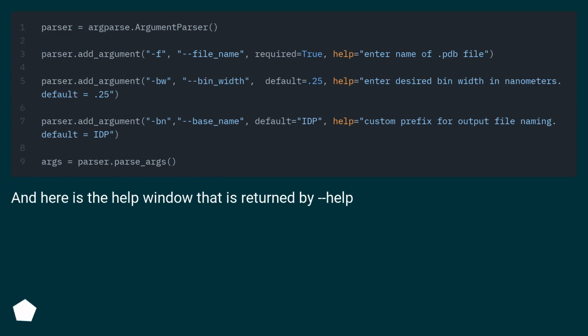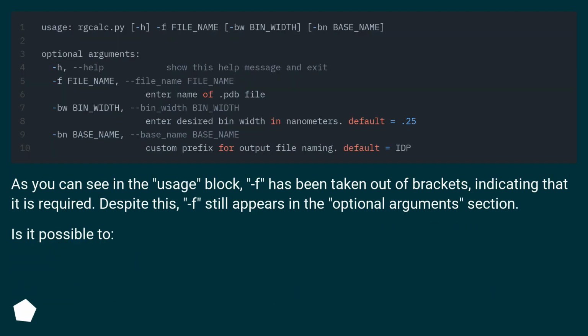And here is the help window that is returned by help. As you can see in the usage block, -f has been taken out of brackets, indicating that it is required. Despite this, -f still appears in the optional arguments section.